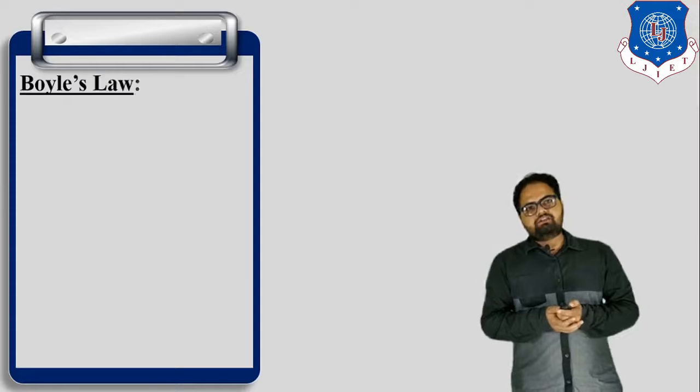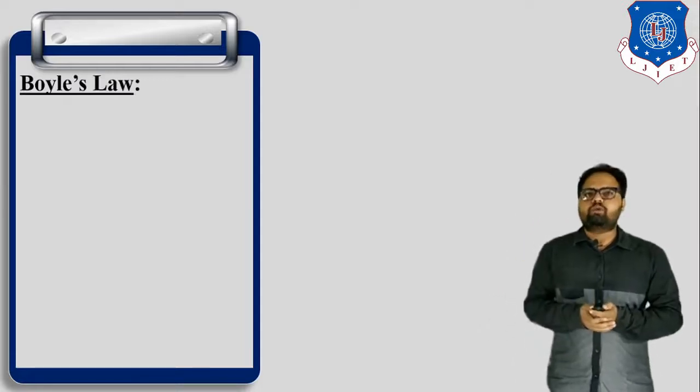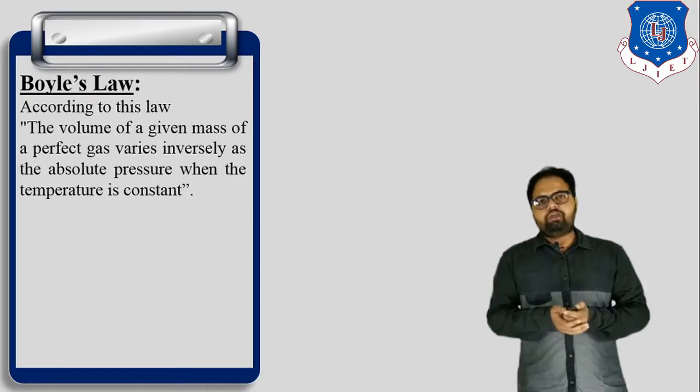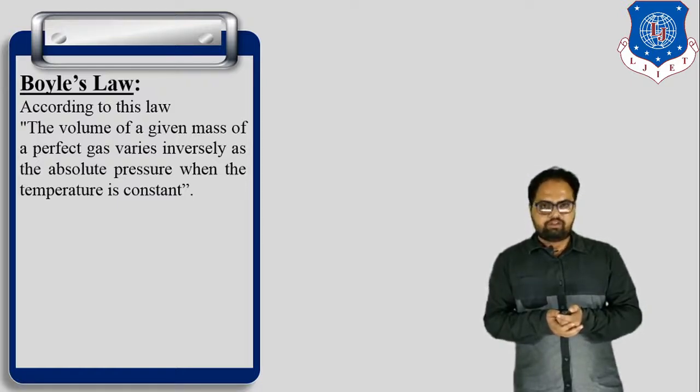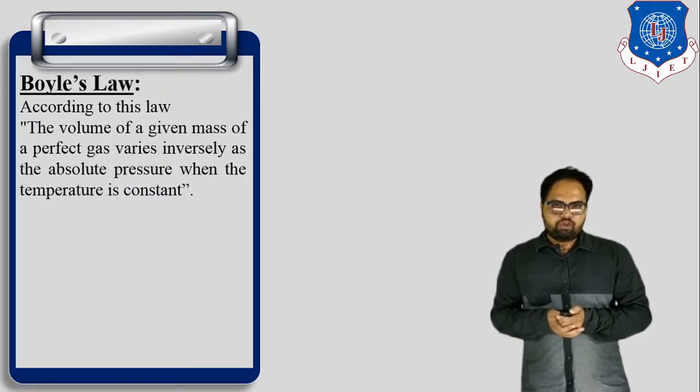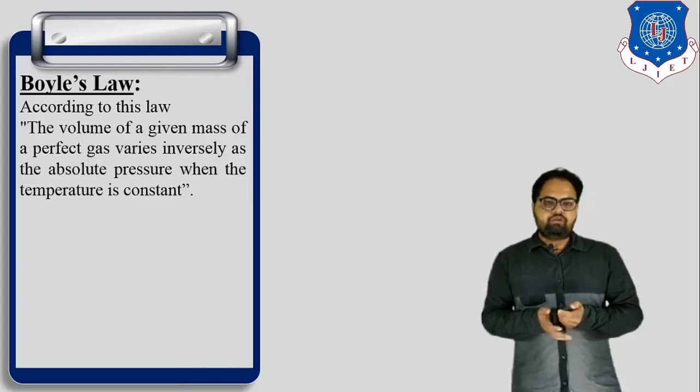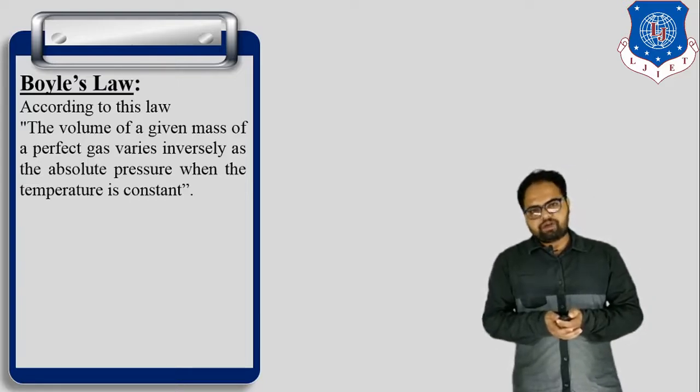Let's start with the first law, that is Boyle's law. We are already familiar with this law because we learned it in 11th and 12th science. According to Boyle, the volume of a given mass of perfect gas varies inversely as the absolute pressure while the temperature is constant.